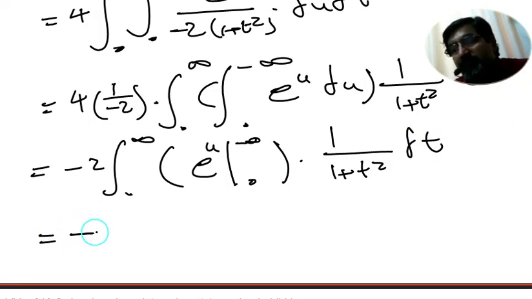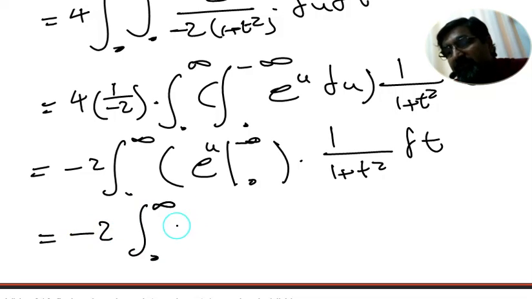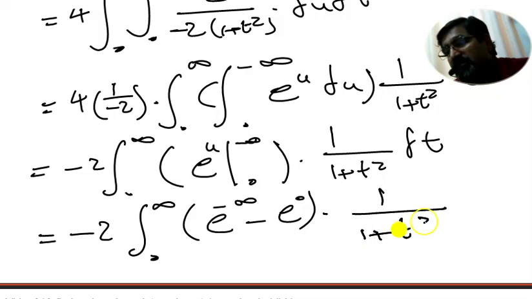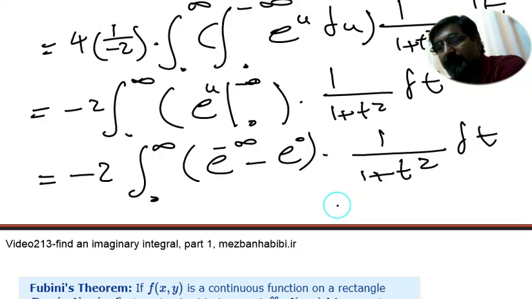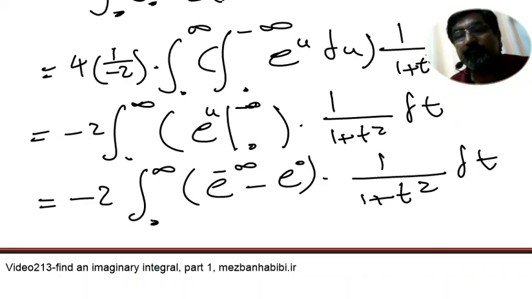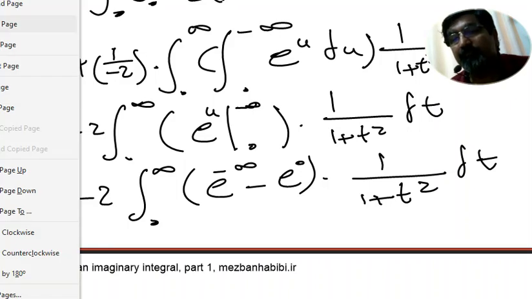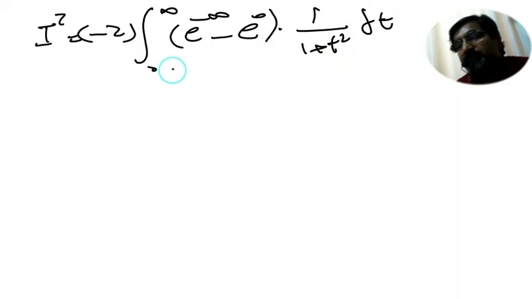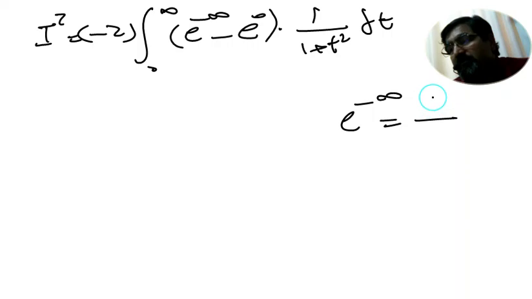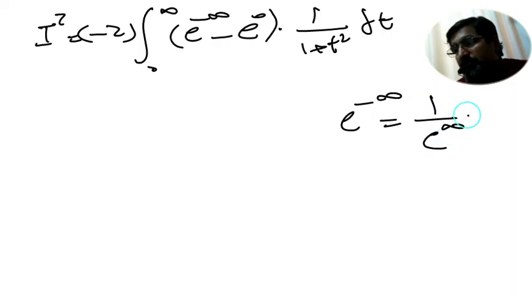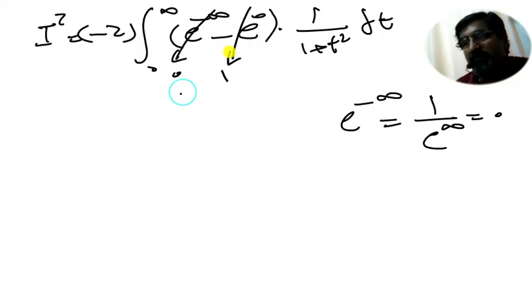So I squared equals 4 times minus one half times the integral from 0 to infinity of e raised to minus infinity minus e raised to 0, times 1 over 1 plus t squared dt. e raised to minus infinity equals 1 over e raised to infinity, which is 0, and e raised to 0 is 1, so we get minus 1.